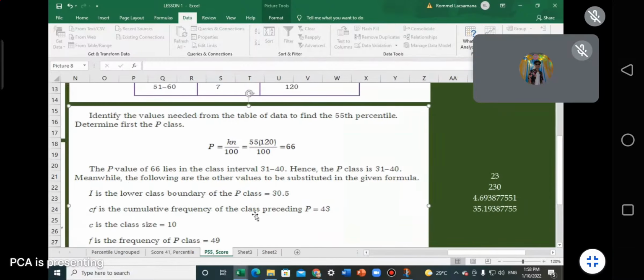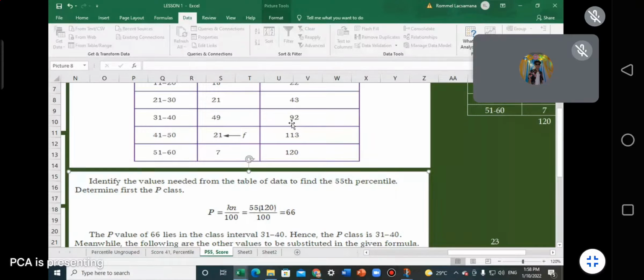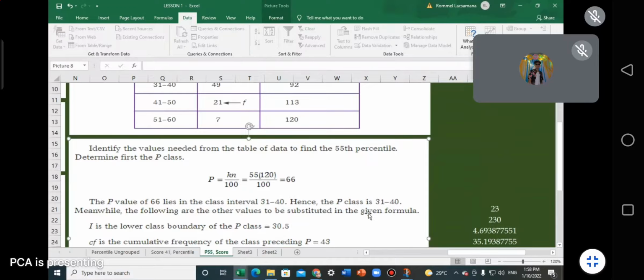Hold on. Okay, P-value of 66 lies in the class interval. Because from 43, lulundag na kayo. Jump from here now. This is the next class, and we call this one now your percentile class. Okay, the P class therefore is 31 to 40, it says there.